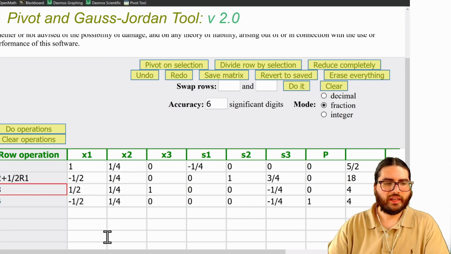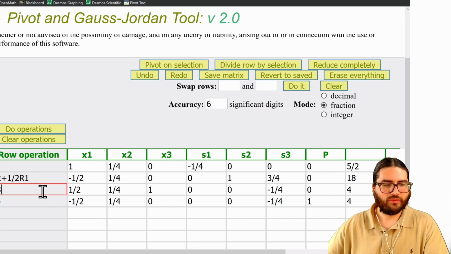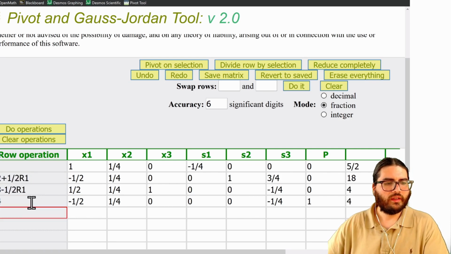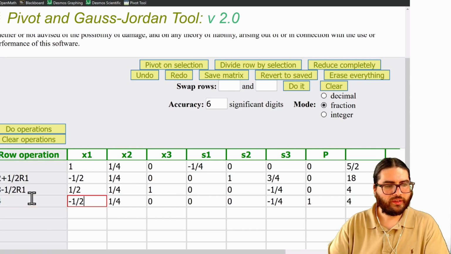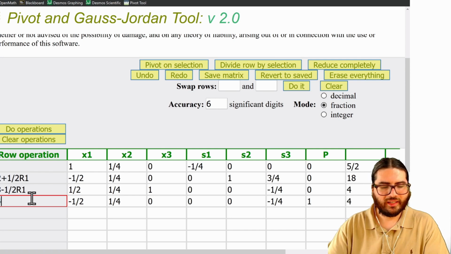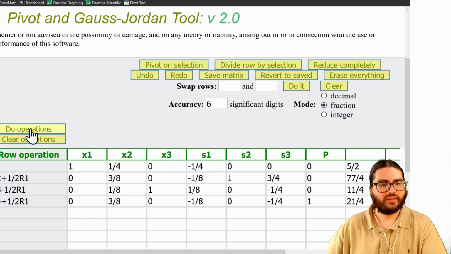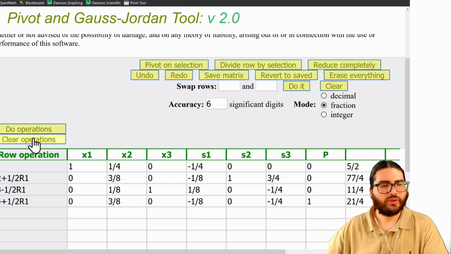I need a negative 1/2 to cancel a positive 1/2. And I need a positive 1/2 to cancel out negative 1/2. Excellent. Special 1s and 0s.